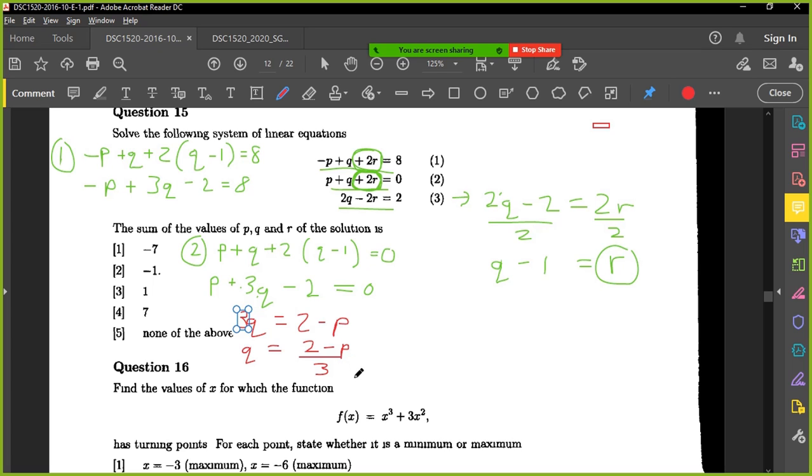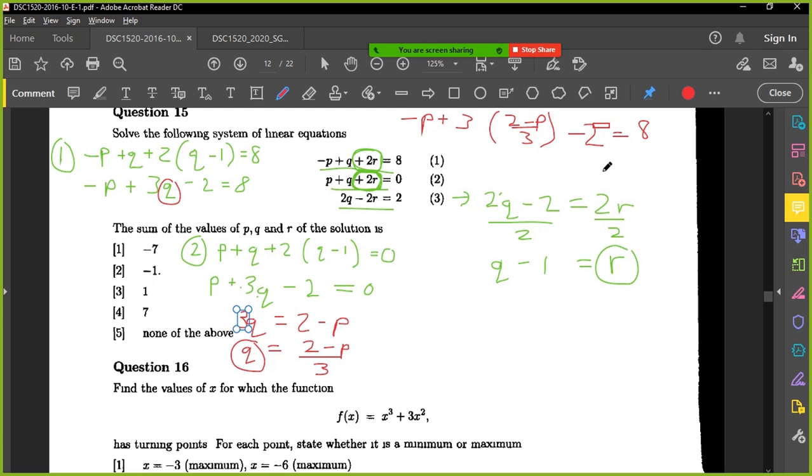Now we've got a Q that we can substitute into that one. Good. So what we're going to have here is minus P plus 3, open brackets, 2 minus P over 3, minus 2 equals 8. Now how do we multiply this out?